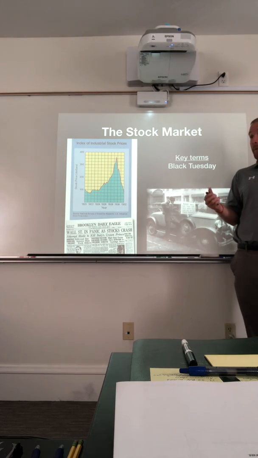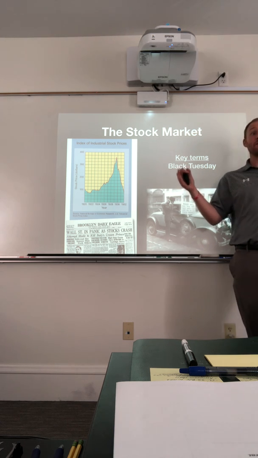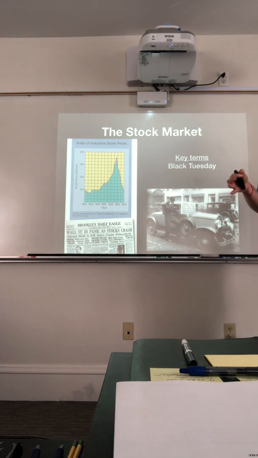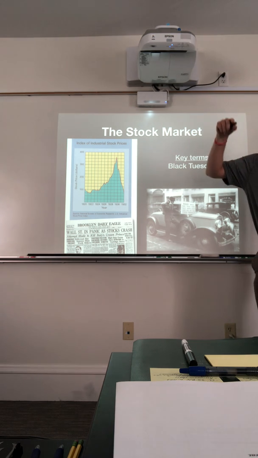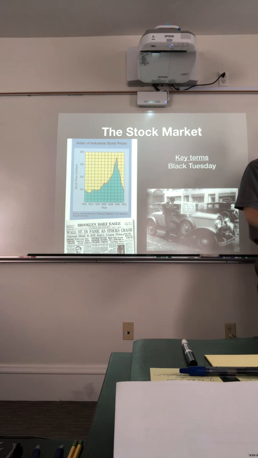And so what ends up happening is, in the span of about one week in October of 1929, there's a mad rush to sell stocks. As more people are rushing to sell stocks, the prices are dropping even further, which leads more people to rush to sell their stocks, and prices drop even further.